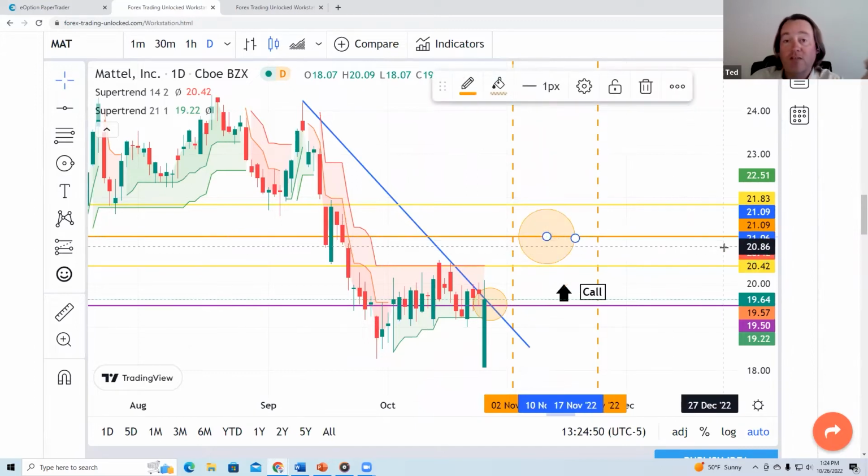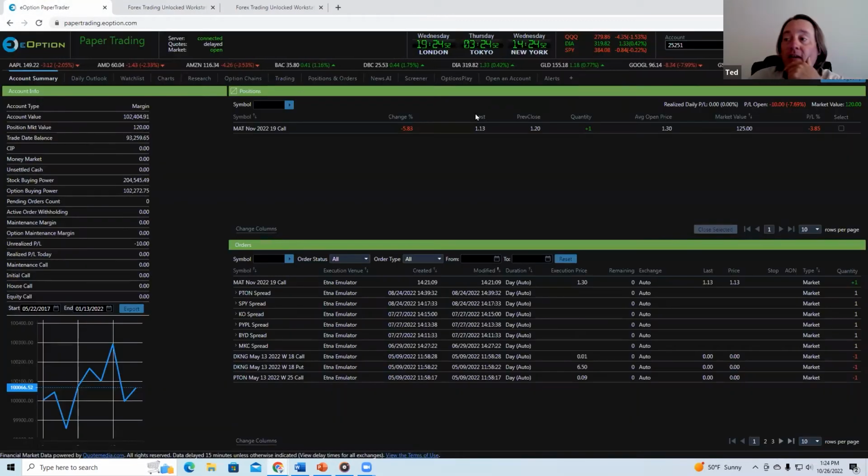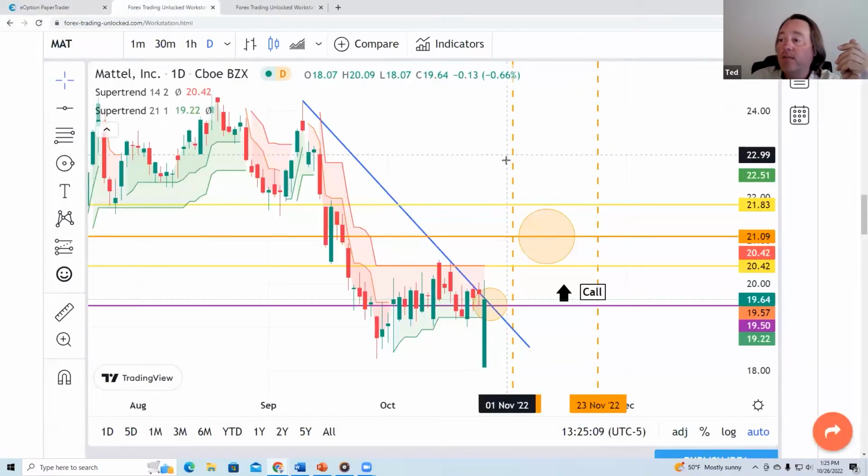Now, what happens if it gets to 121.06? Okay, so you have a 19.5, excuse me, call that you purchased for $130. Remember it's $1.30 here, market value 125. We just go to here. So if we're at 19.5, or right now at 1964, that would basically be $1.50.